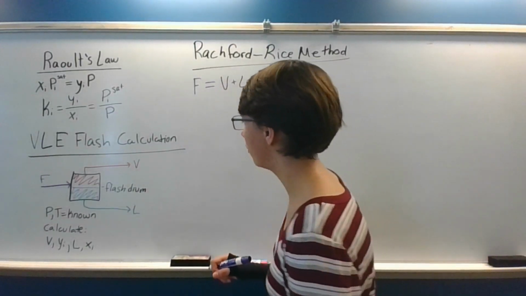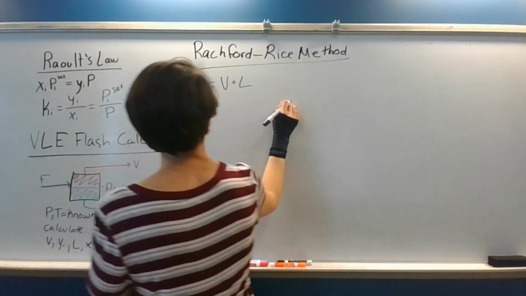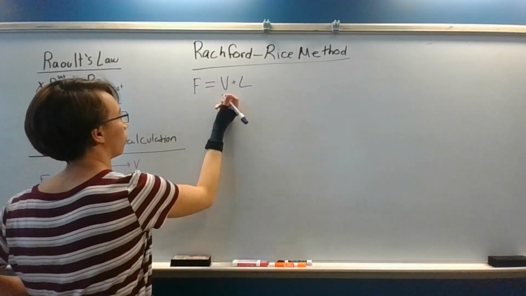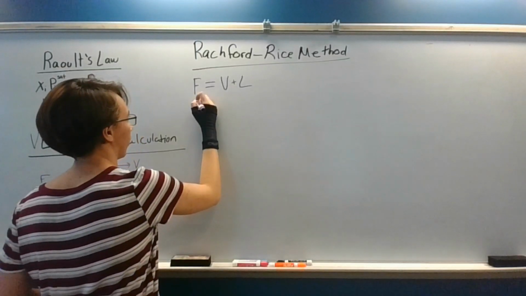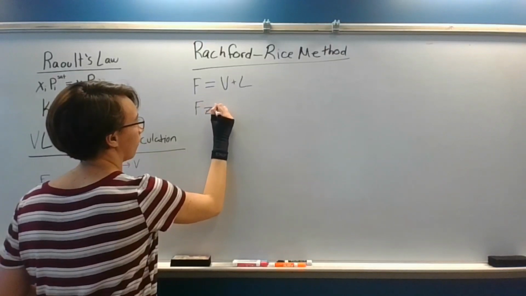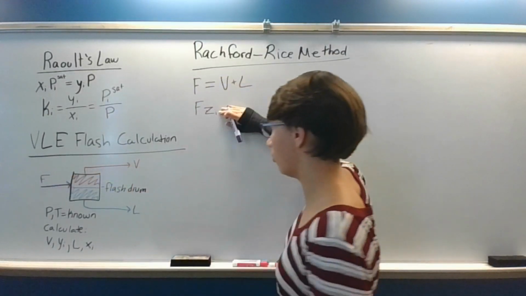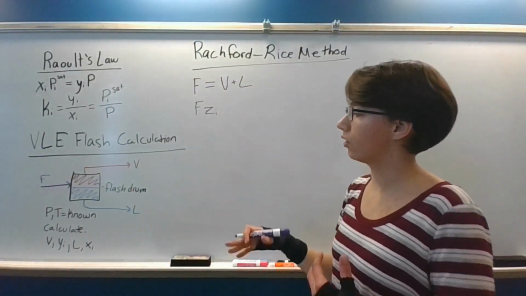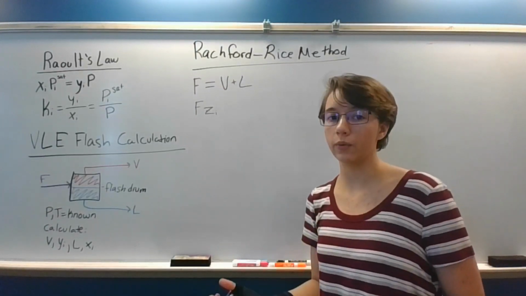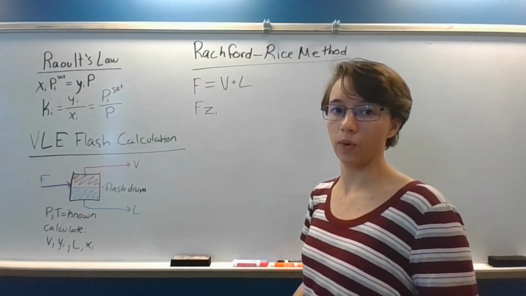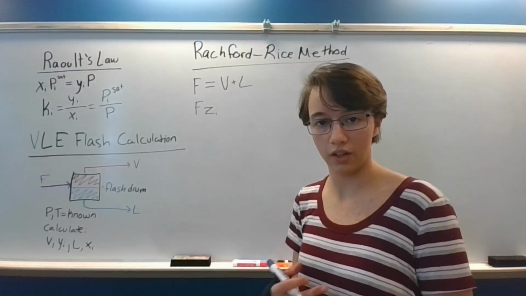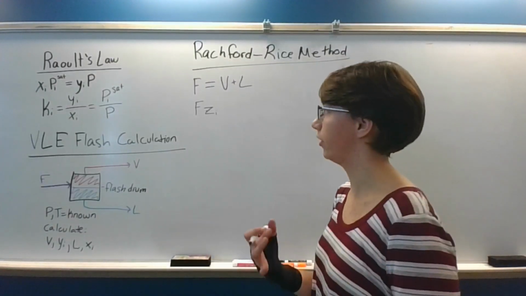Also, you can do this for each component, so we can have the moles of the feed times Zi. So Zi is, basically, we don't know if it's in the gaseous phase or the liquid phase, so we don't want to write X or Y, so we're going to write Z. Because our feed could be all liquid, it could be all vapor, it could be a mixture of both, we don't really know.